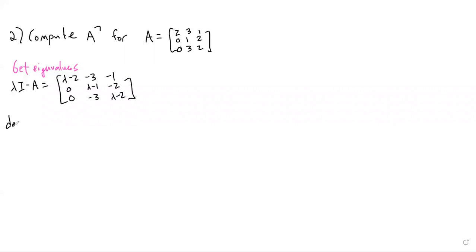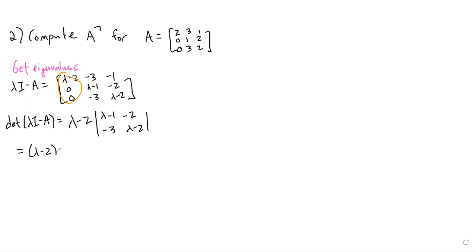And so our determinant is going to be lambda minus 2. I'm just going to use that first column because of all the zeros, times lambda minus 1, -2, -3, and lambda minus 2.